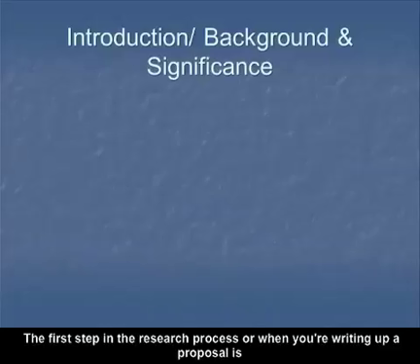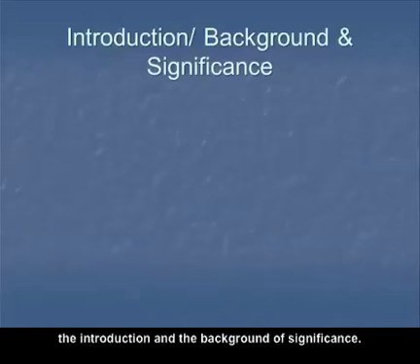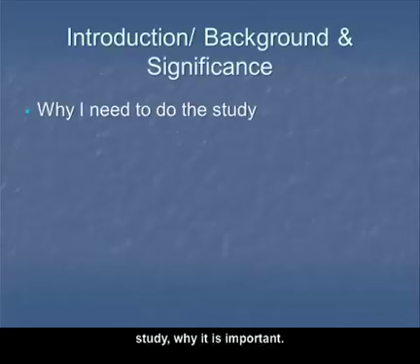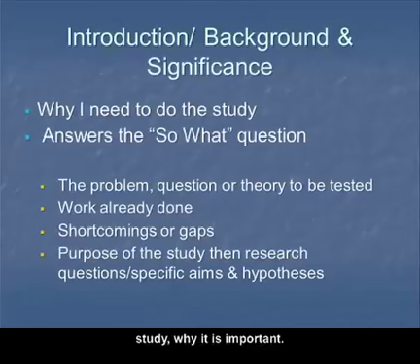First step in the research process, or when you're writing up a proposal, is the introduction and the background and significance. This is where you're telling the reader or the reviewer why you need to do the study, why it is important. It answers that so what question.